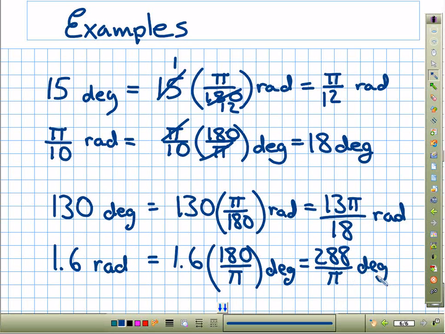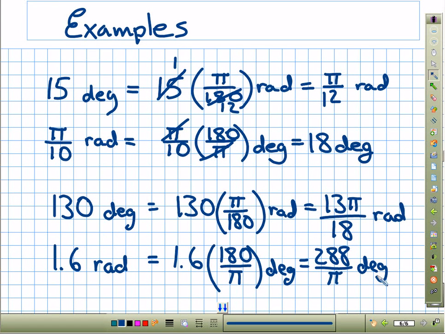Now this is the exact form. As soon as we punch that in our calculator, we're going to get an approximate form, because it's going to turn pi into some decimal representation of pi, and there's some error in that. That right there represents the exact answer. 288 over pi, there's no error in that. Now let's see what the approximation is.